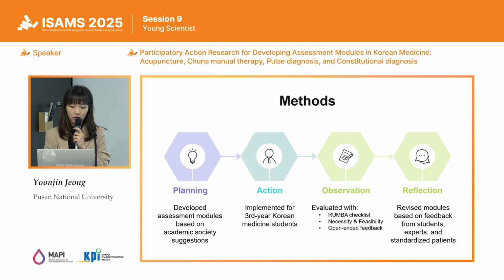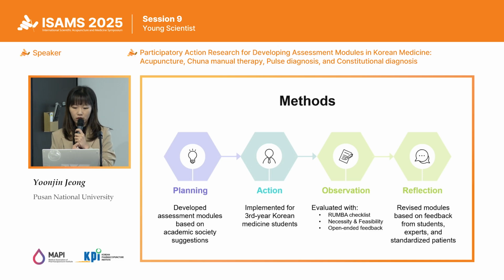So based on the PAR framework, we conducted four phases: planning, action, observation, and reflection. In the planning phase, we developed assessment modules based on the suggestions of relevant academic societies. During the action phase, the developed modules were implemented as examinations for third-year Korean medicine students.